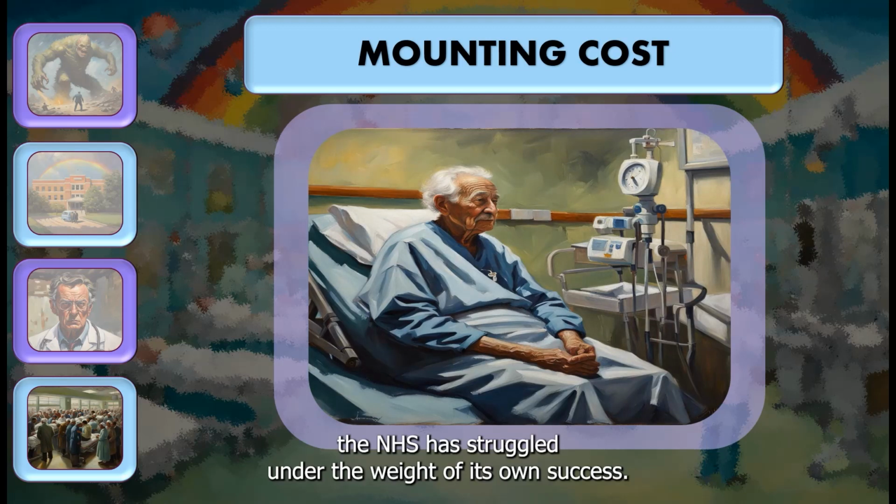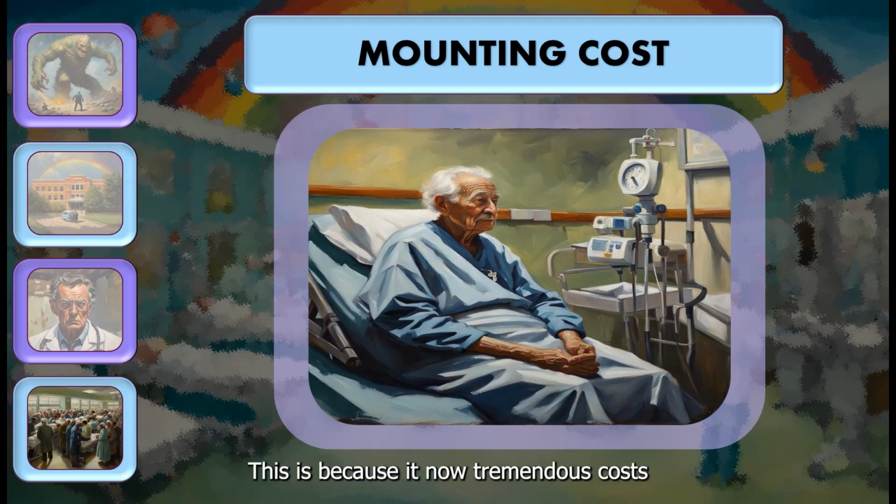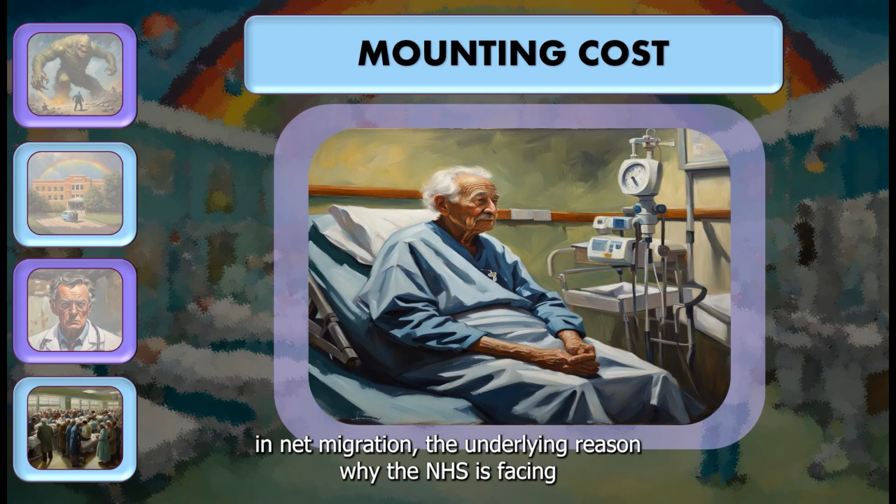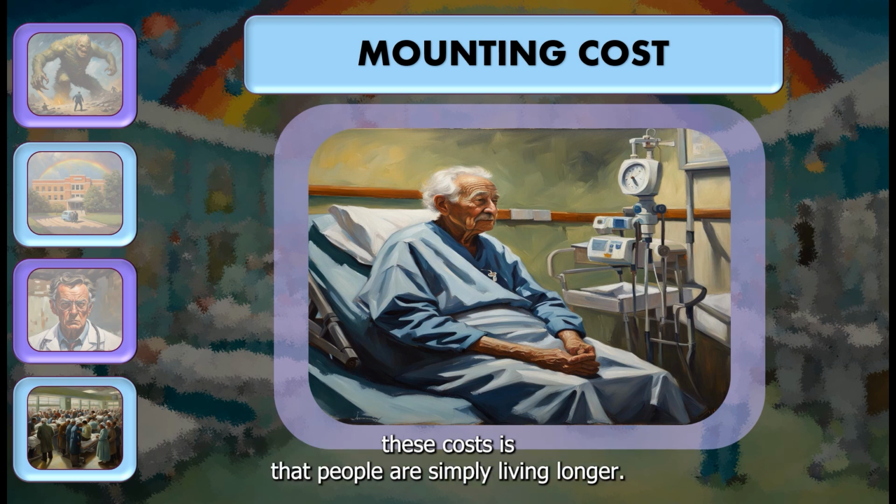However, the NHS has struggled under the weight of its own success. This is because it now faces tremendous costs that continue to rise year on year. Whilst certain news outlets would like to attribute this to the rise in net migration, the underlying reason why the NHS is facing these costs is that people are simply living longer.